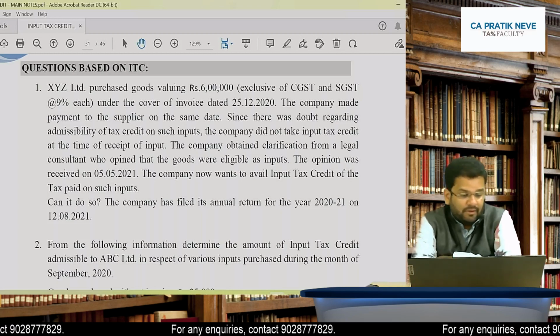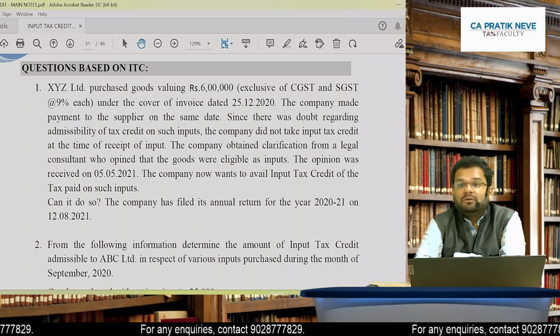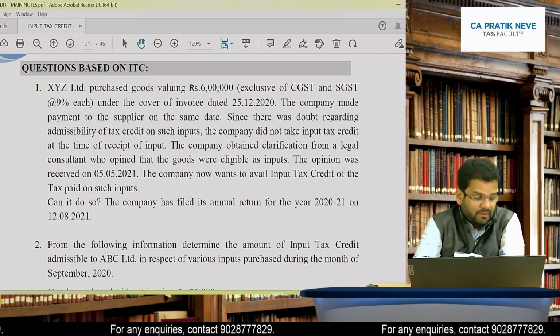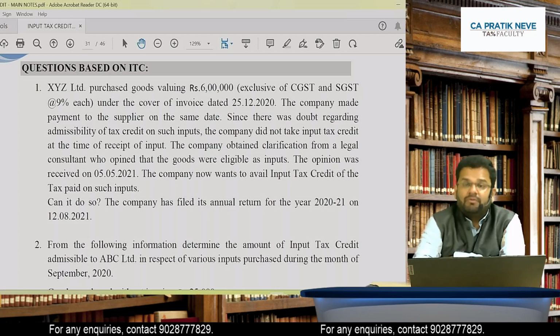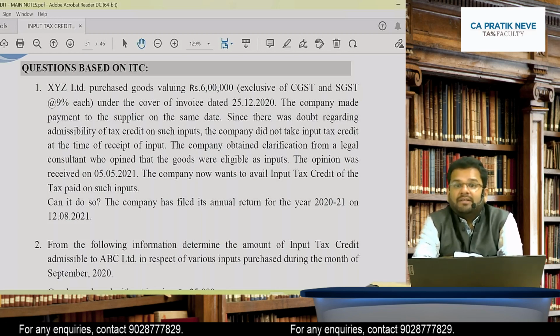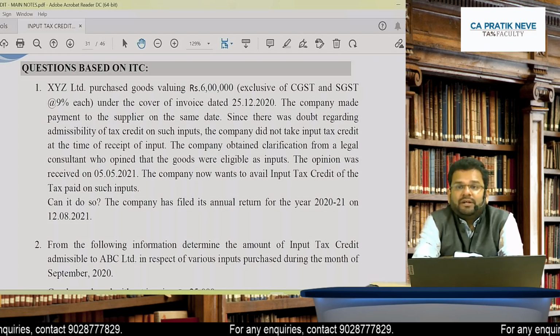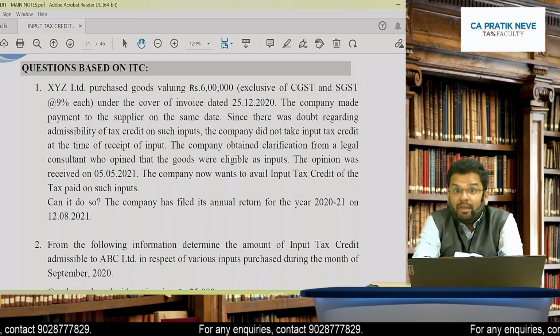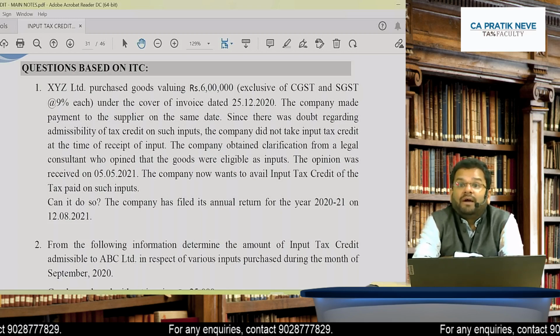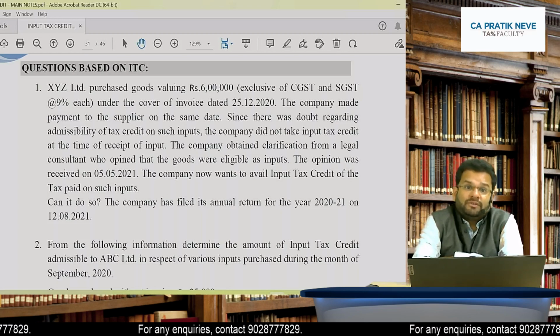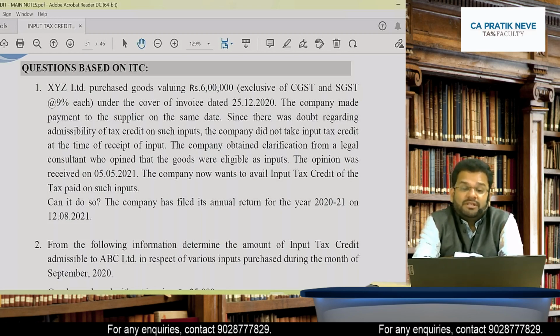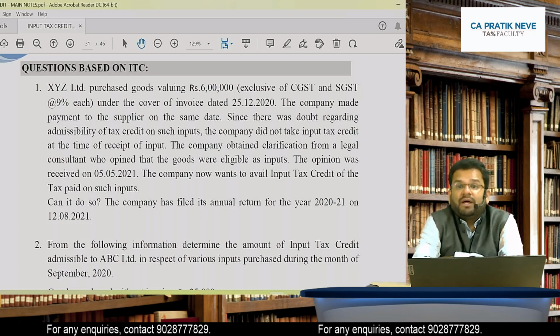So it is of which particular provision? It is of section 16 subsection 4. Perfect. As we discussed today, the last date of claiming ITC is going to be the due date of filing return for the month of September, which immediately follows 31st March 21.